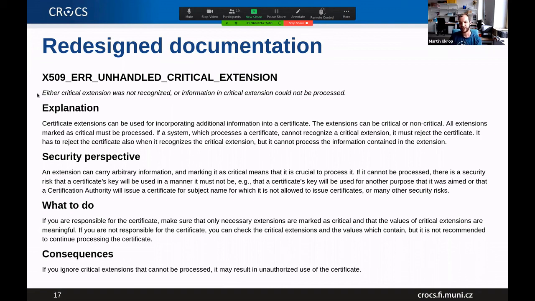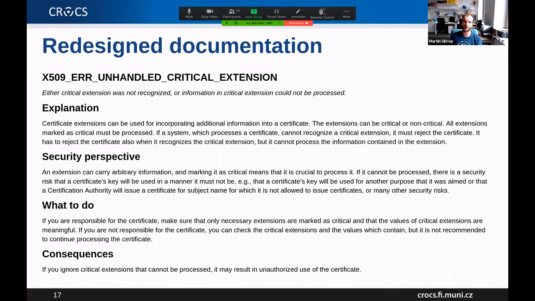People were a bit inconsistent in what paragraphs they would want. There were people explicitly saying that they totally don't require and are not interested in the security perspective. And on the other hand, there were people saying that security perspective is the most important part of the whole documentation. This was partially explained by the people sitting at different roles, because there were admins, there were developers, there were QEs, and there were even managers.